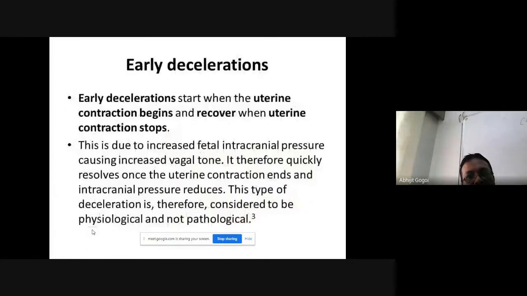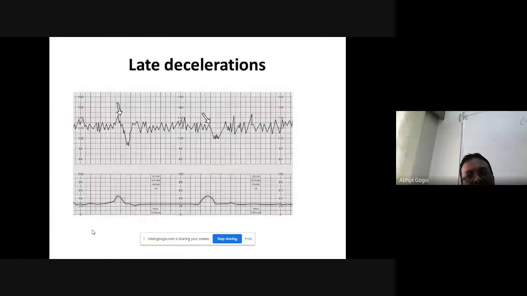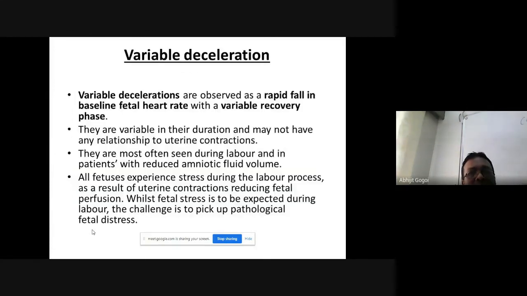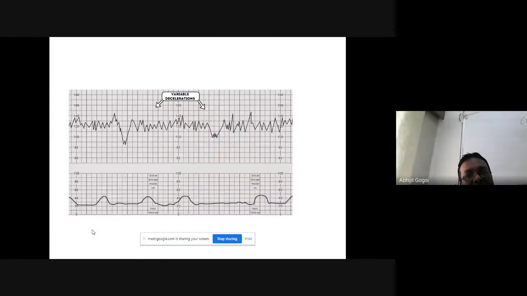If you find variable deceleration or late deceleration, it needs immediate action, because it can be uterine placental insufficiency, and variable deceleration is a very urgent condition. Any sort of bleeding or umbilical cord compression can lead to variable decelerations.